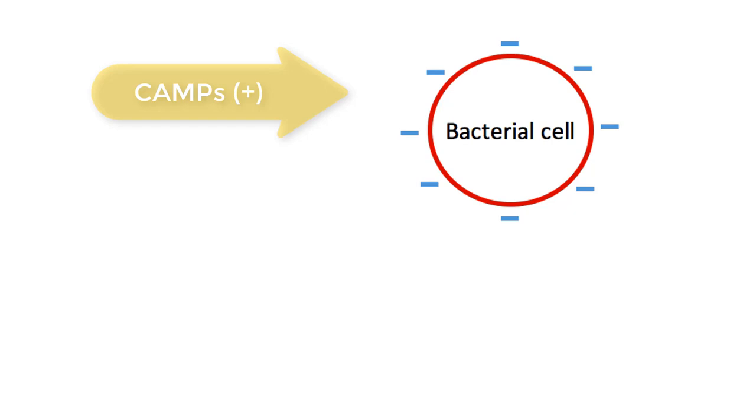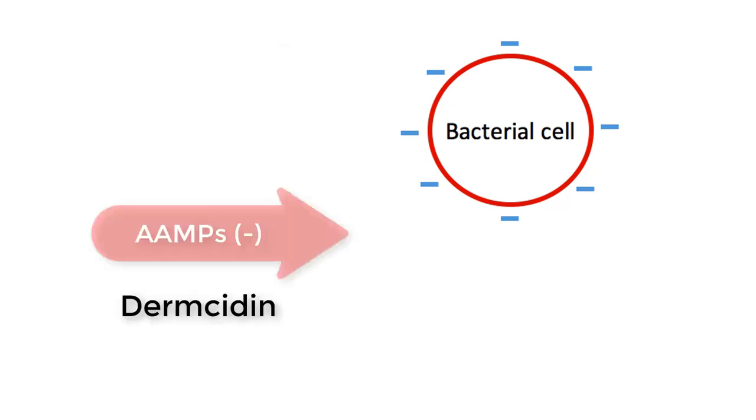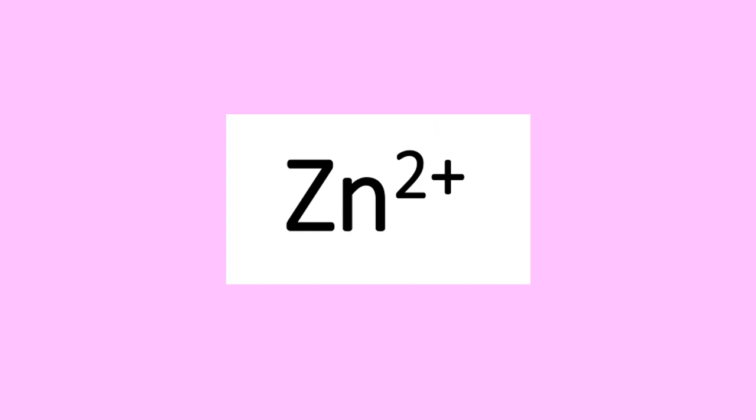Interestingly, dermcidin is not a cationic AMP, but an anionic AMP containing an overall negative charge. Coordinating zinc 2+ metal ions, which are overly abundant in sweat, help to increase dermcidin's charge, allowing dermcidin to effectively target the bacterial membrane.